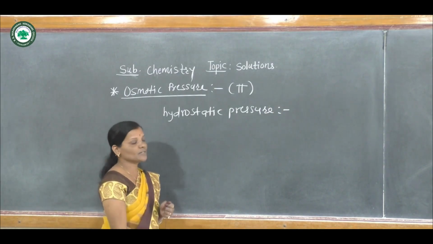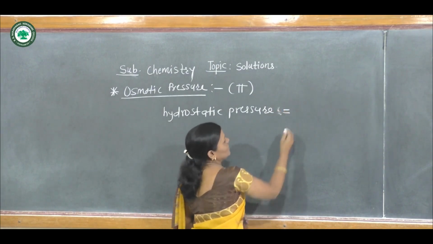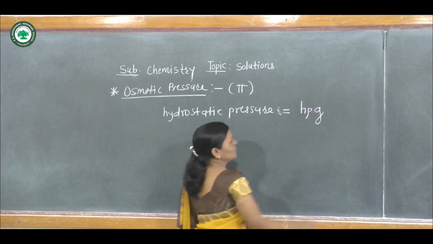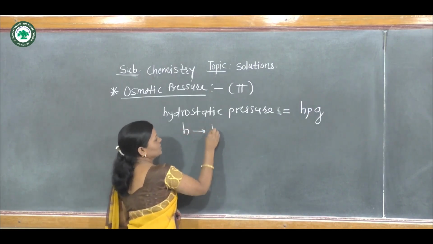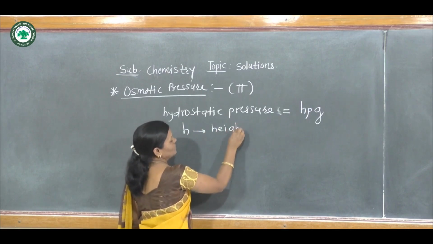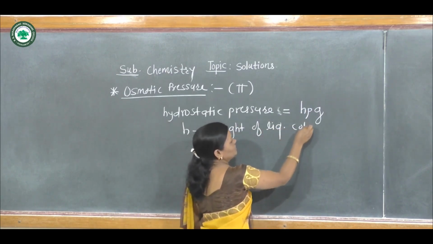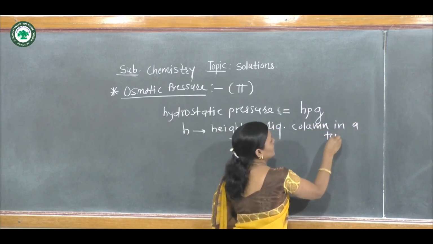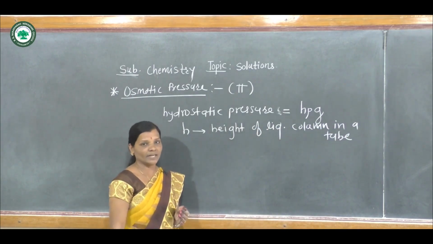Now what is this hydrostatic pressure? This hydrostatic pressure is given by h rho g. Now what is this h? That is nothing but the height of the liquid column in a container or in a tube in which that liquid is taken.